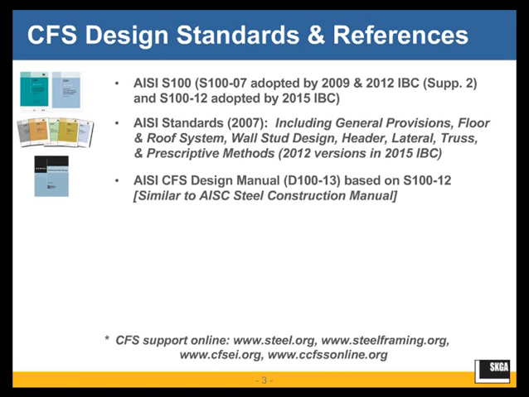The CFSCI Design Manual, AISI D113, is based on the S100-12. The D100-07 is based on the S100-07. And it's very similar to the Steel Construction Manual, where it has tables and graphs and so forth.